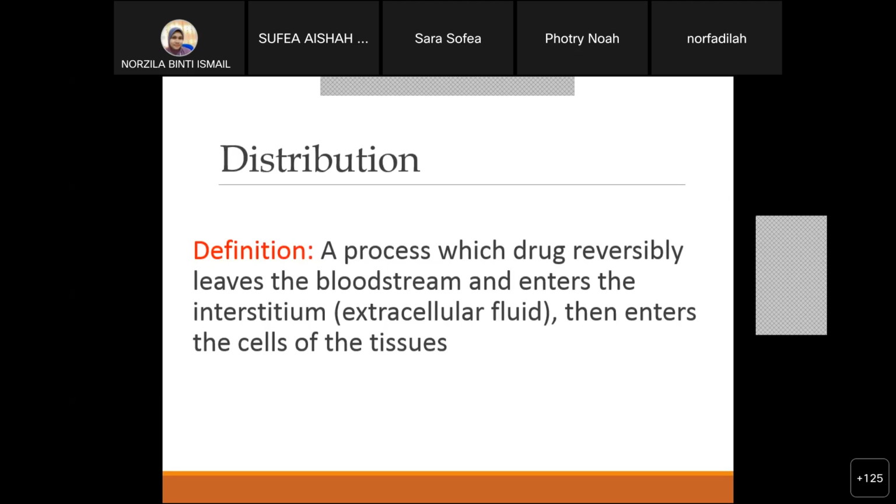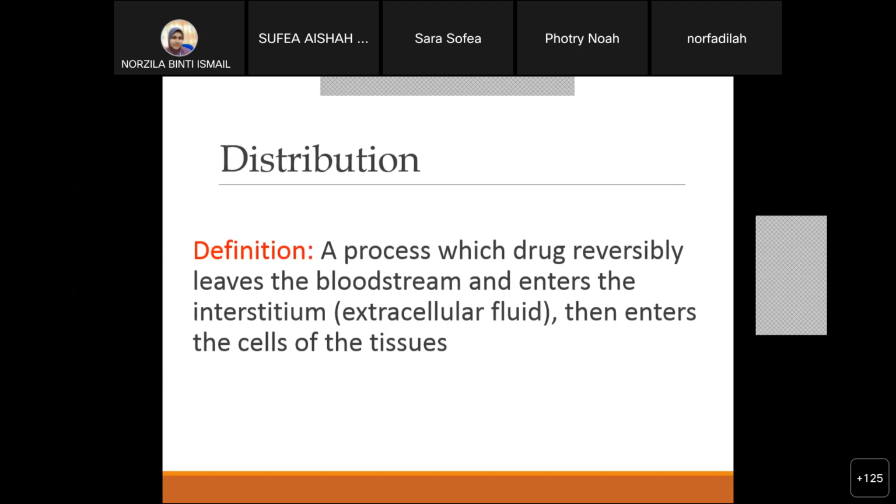Okay, the VD or the volume of distribution involves these three important compartments in our body, which are the blood vessels, the interstitium or extracellular fluid, and then cells. When the drug enters our body, it will be distributed into these three compartments.